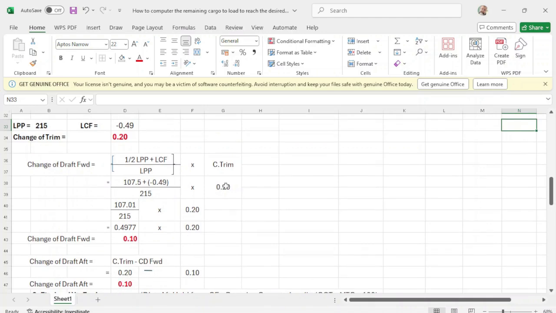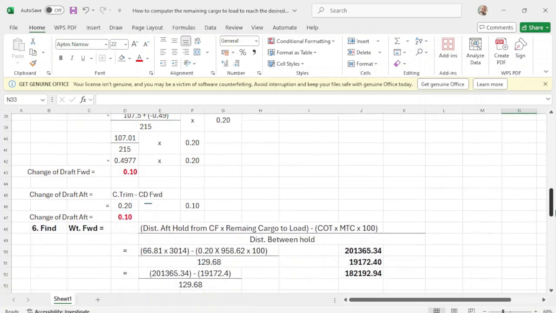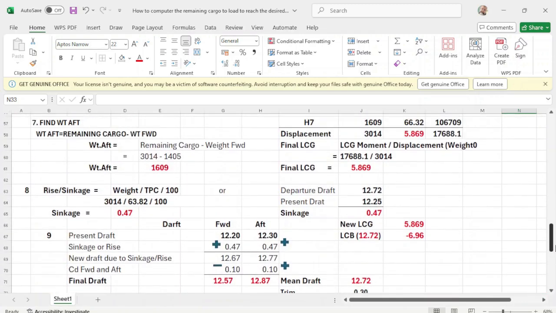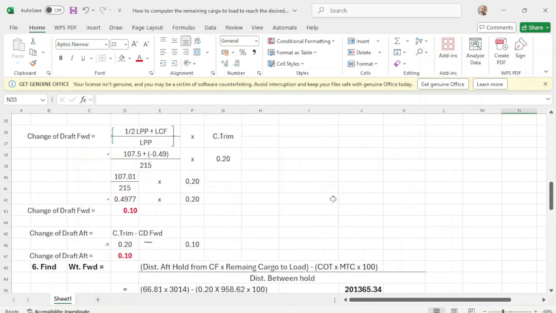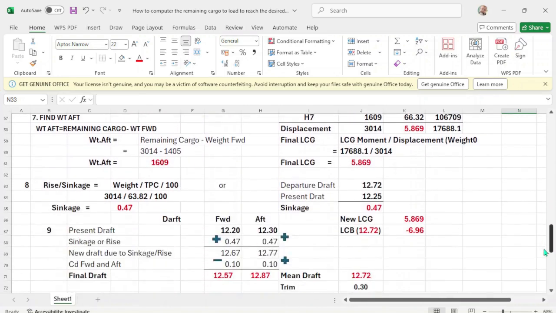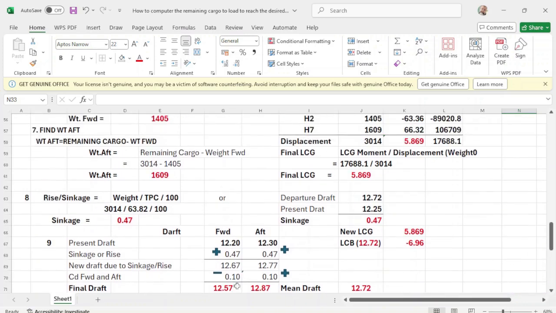Your change of trim is 20 centimeters minus the forward change of 10 centimeters, then the value of change of drop up will be 10 centimeters. So you apply 10 here and 10 here.